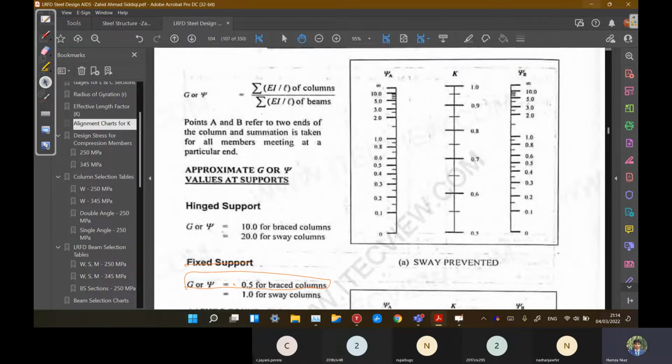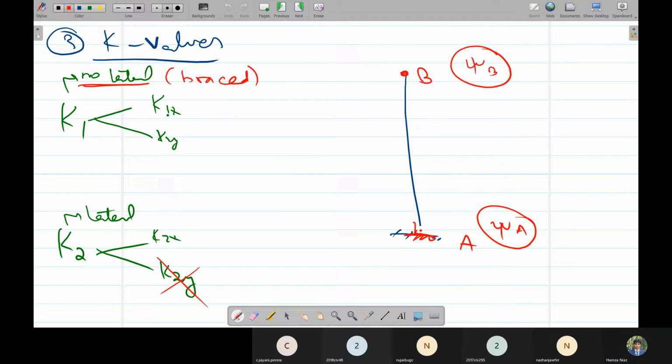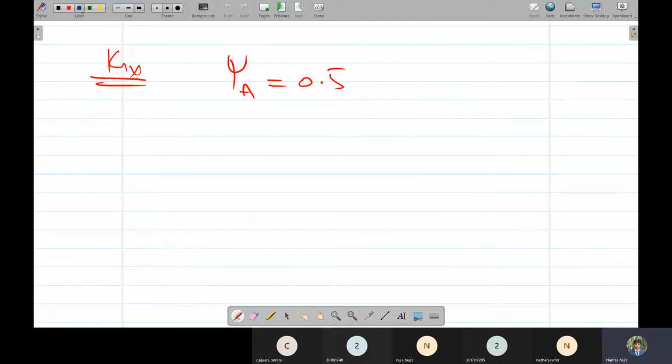For psi B, we are going to use this formula: EI over L of columns over EI over L of beams. At psi B, we know there is another column on the top and a beam on this side. So psi B would be EI over L of columns: E is E, I is I, and the column length is 6.